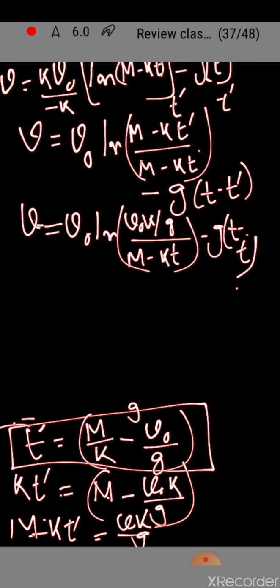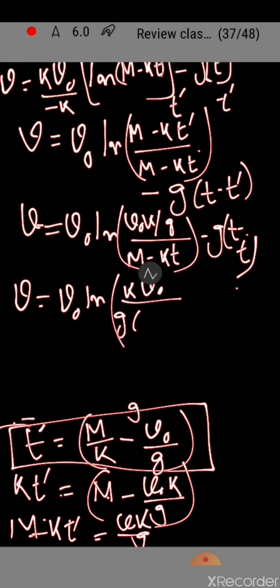Okay, this is our equation. To simplify a little, v is equal to v naught ln of k v naught in the numerator, g in the denominator, m minus kt, then minus g into t minus t dash. I have not substituted t dash till now.